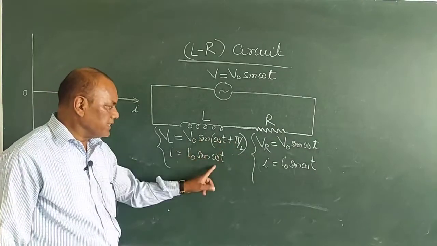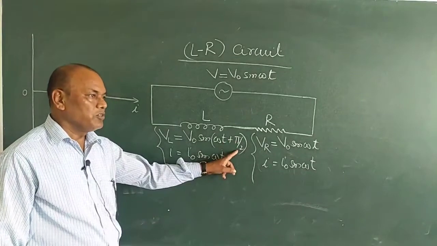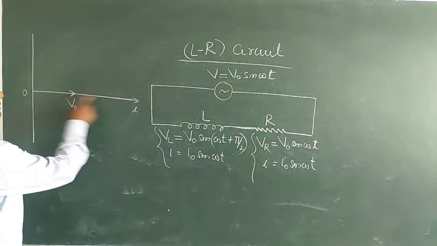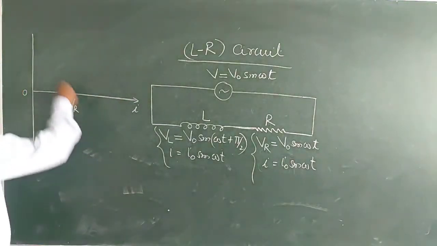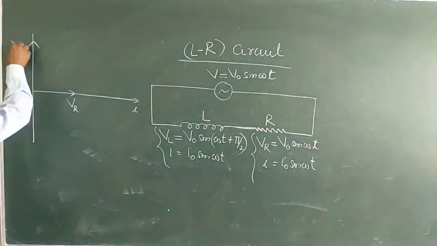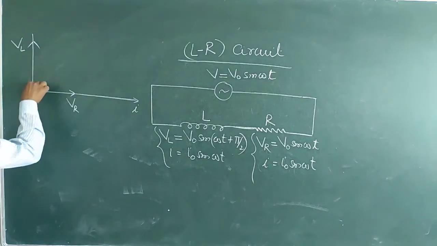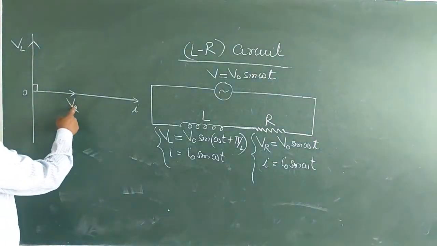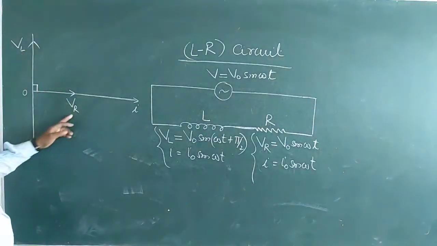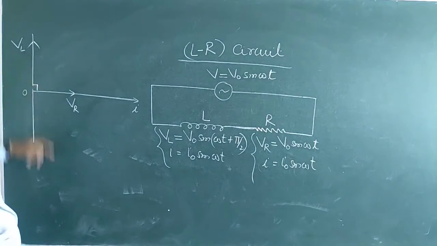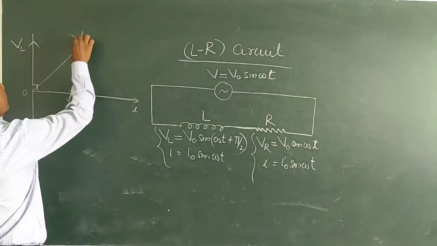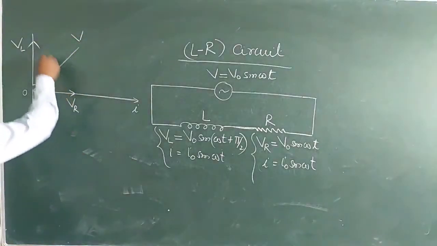This voltage leads the current by pi by 2 in the plus direction. So if this is the direction of current, then this will be VL, 90 degrees in positive direction. Therefore, what will be the resultant of VR and VL? Their resultant will be here. This will be V.